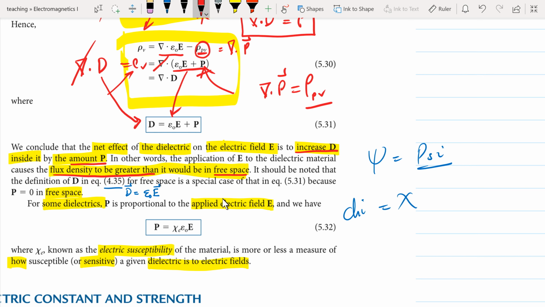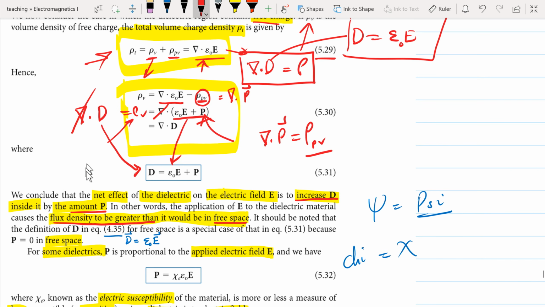And it should further be noted that the definition that we have already met before, which I think I've already written up here earlier, this definition that we defined in 4.35 for free space, is a special case of this equation.